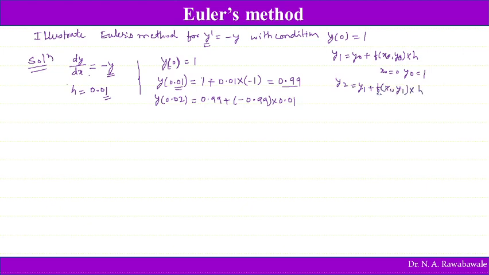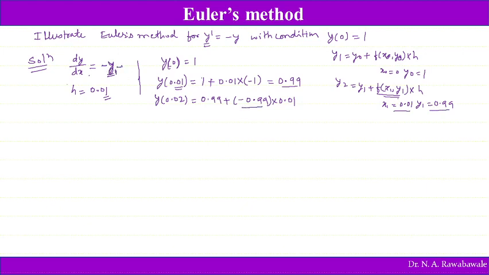F of x1, y1 means this value. In this, if we substitute y1 as 0.99, x1 value is now 0.01 and y1 value is 0.99. So if you substitute x1 and y1 values in this equation, minus y1, the y1 value is 0.99, so this is minus 0.99.